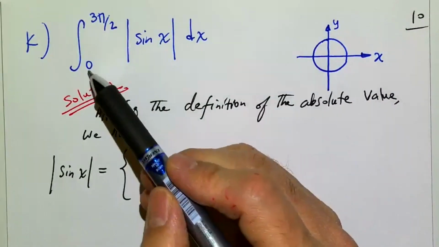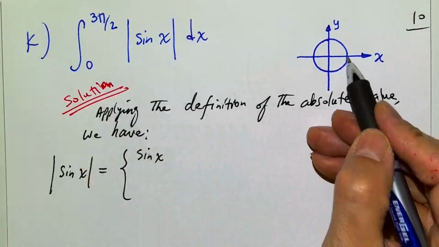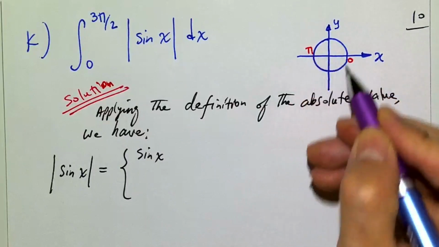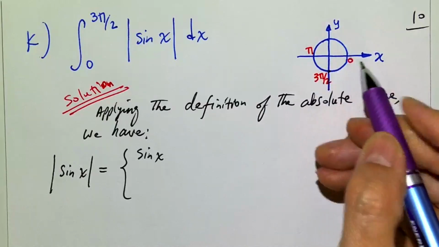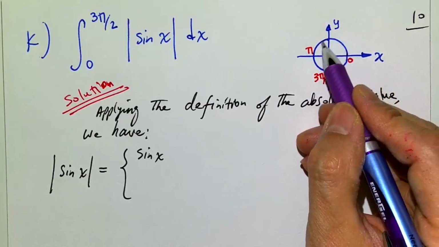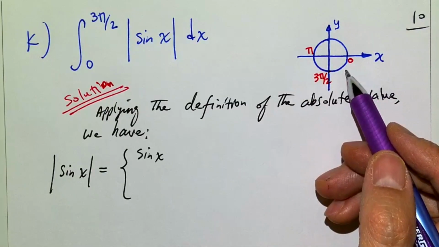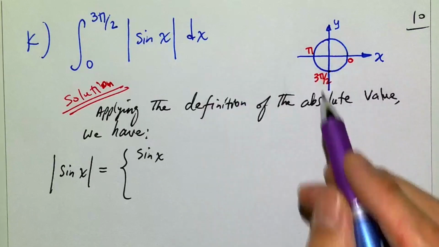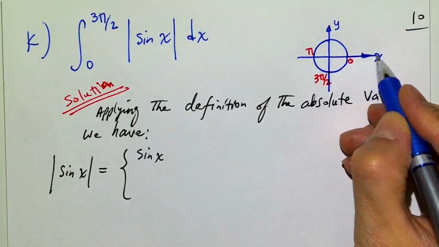So this limit of integration is from 0 to 3 pi over 2. So 0 is here, this is pi, and 3 pi over 2 is here. So we're integrating from here. I should have actually drawn it as a wave rather than a circle. But we can still do that. It's no big deal.